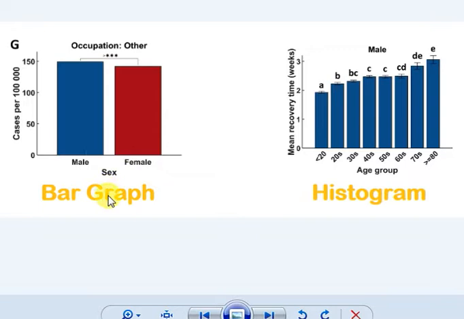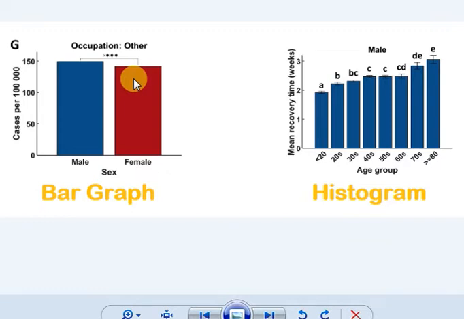In a bar graph we normally represent categorical data where we have categories. For example, we have a category of male and a category of female, and we are talking about corona cases per 100,000 patients. So there are 150 male patients and 140-something female patients.